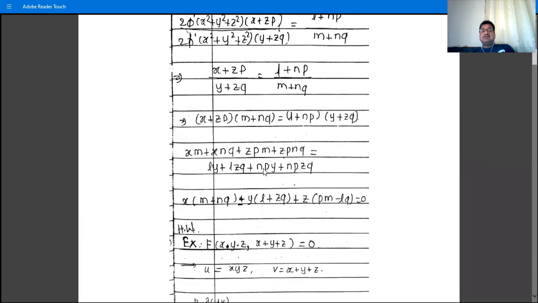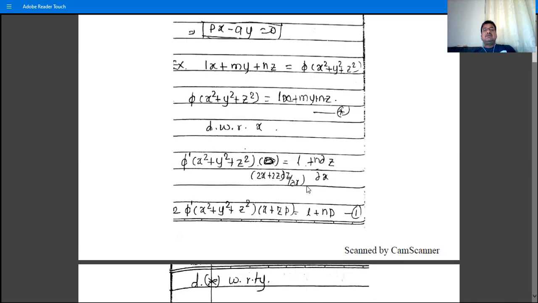After simplification we take x as common, (m plus np) minus y as common, (l plus zq), plus z, the terms of z, (pm minus lq) is equal to 0. So this is the corresponding partial differential equation.